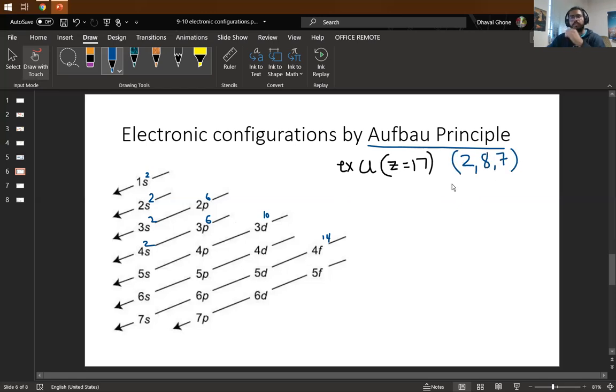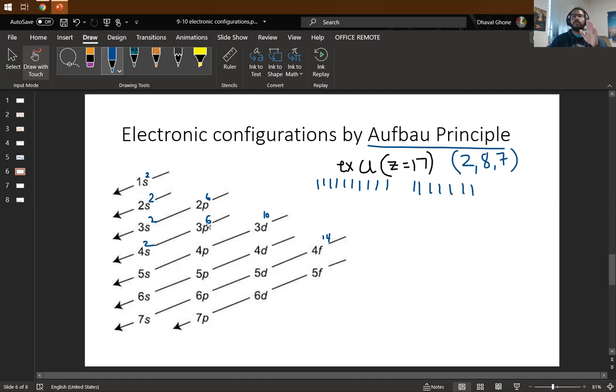Let's try filling it out using the Aufbau principle for subshells. The best thing to do is to draw lines for every electron I have in the atom. So 17, I want to draw 17 lines. Okay, so it's easy for me to keep track of how many electrons are filled out.